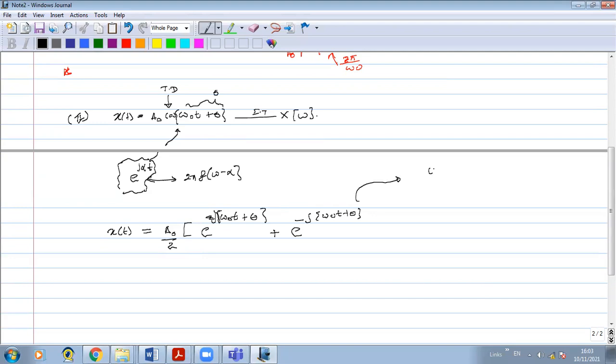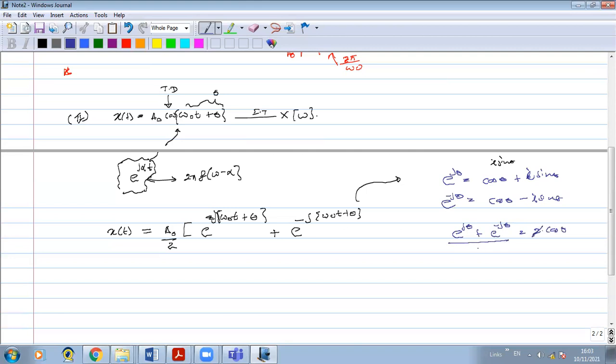We know that e to the power j theta is cos theta plus j sin theta, and e to the power minus j theta is cos theta minus j sin theta. If I add these two, I have e to the power j theta plus e to the power minus j theta equal to 2 cos theta.